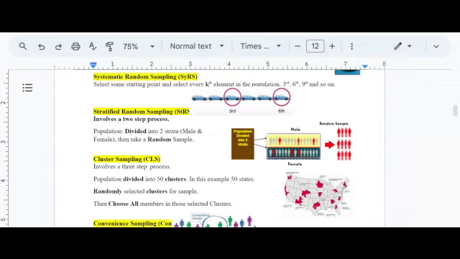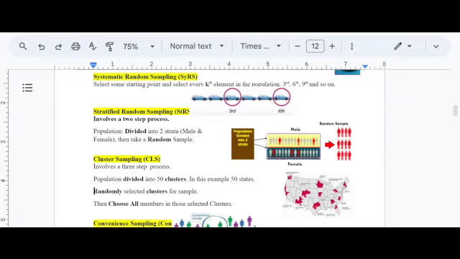Tell them, please come here. Can you do the voting? They do the voting, and then say, okay, next president could be so and so. That's cluster.